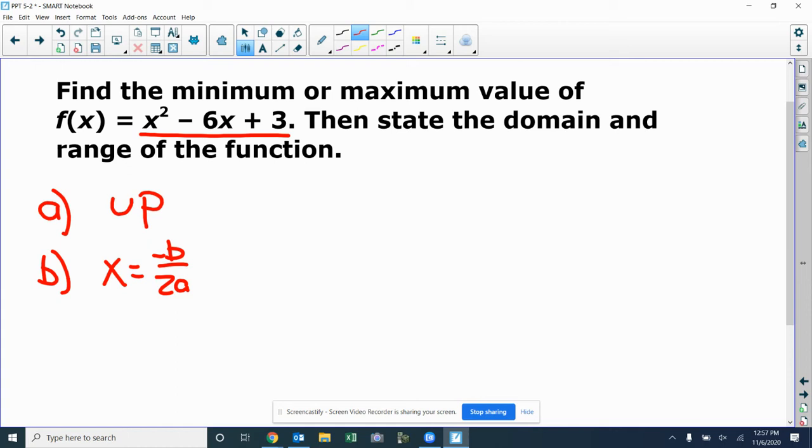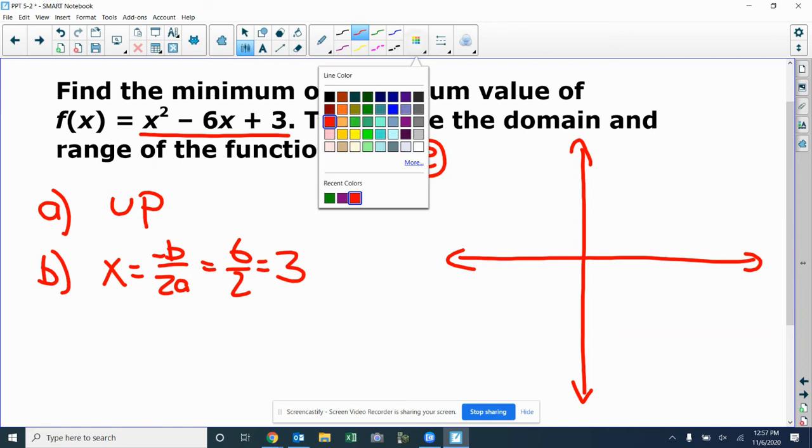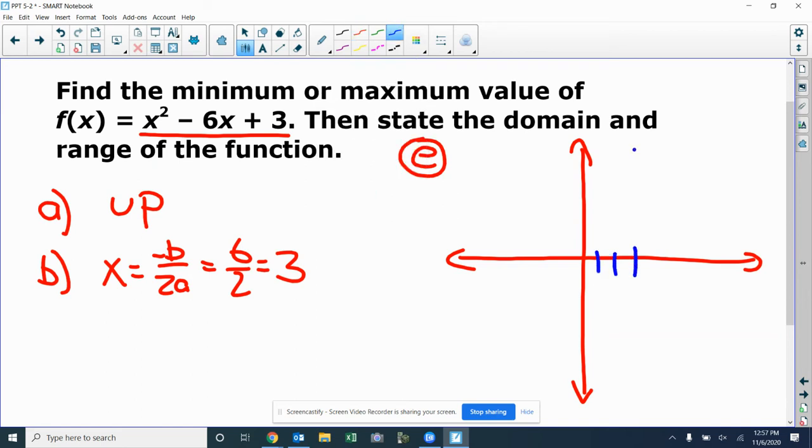So we got a negative, so we're going to end up with 6 on top. We're going to end up with 2 on the bottom. So our axis of symmetry is 3. I'm going to start my graph. This was letter E, wasn't it? Remember from yesterday? And we say 3. 1, 2, 3.